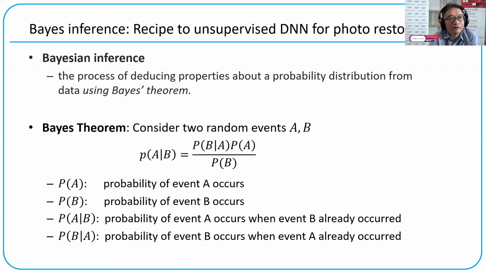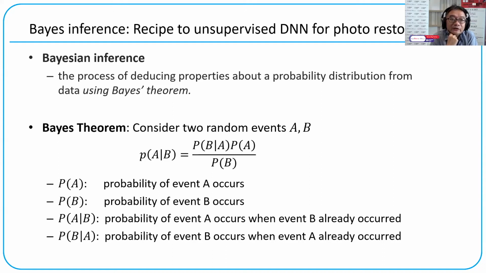Basically, in Bayesian inference I have some data coming in, and can I get some probability understanding about this data? In statistics, it's called probability distributions. That is, given the data, how do I know its probability distribution? That's called Bayesian inference.